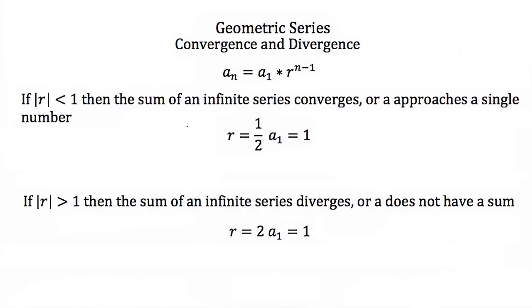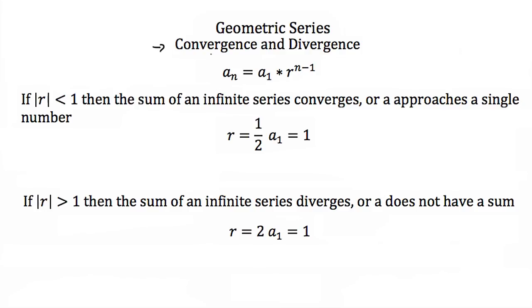Now we've talked about trying to find the summation or evaluating finite geometric series. So now let's talk about trying to find the summation or evaluating infinite geometric series. And when we try to find a value for an infinite geometric series, we talk about convergence and divergence.